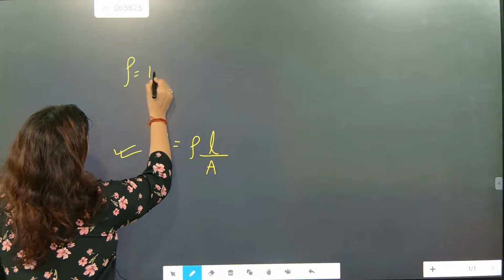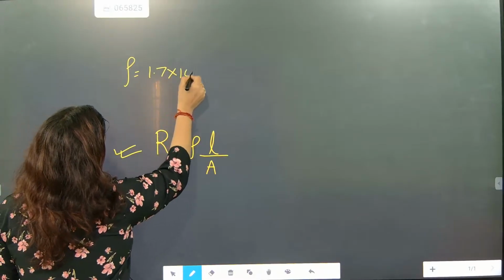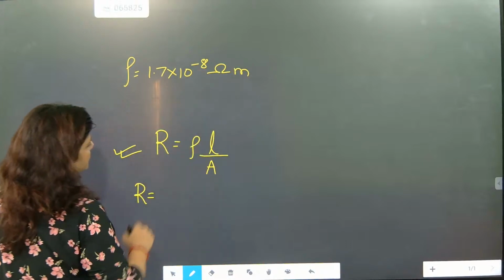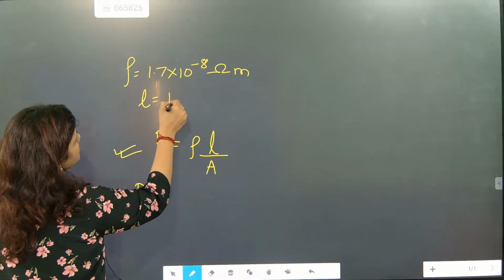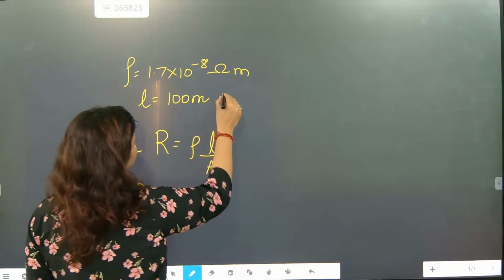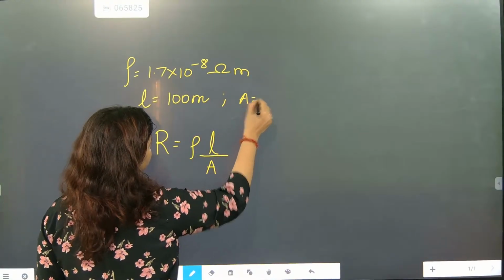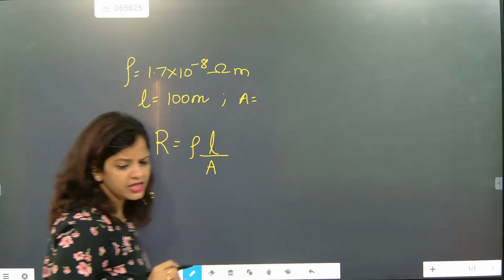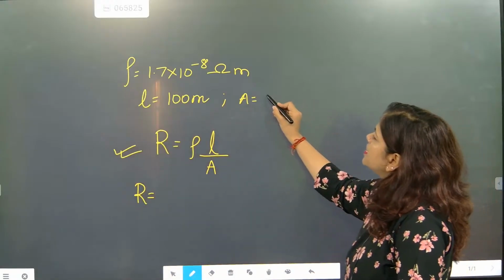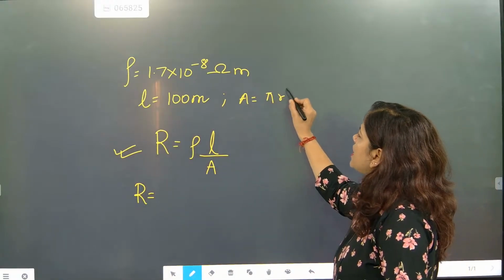Resistivity is written as 1.7 into 10 to the power minus 8 ohm meter. This is given. L, the length of the wire, is given as 100 meter. Next, the area of cross section we need to find. How are we going to write it? Pi r square.